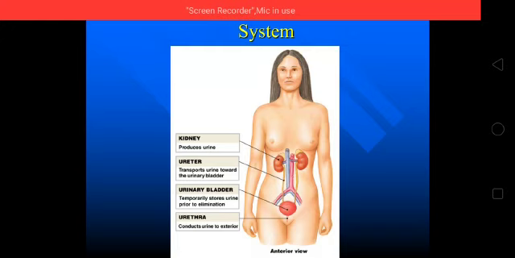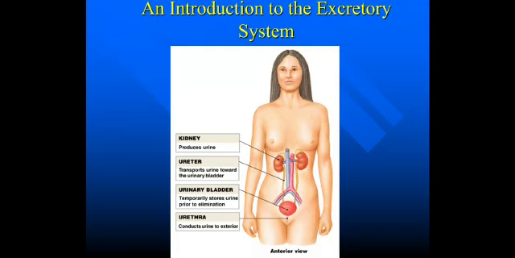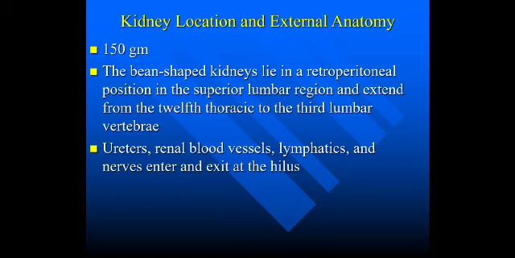As you all know, the kidney is placed retroperitoneally, produces urine, and transports it downwards towards the bladder where it is stored temporarily, and it is voided through the urethra through the process of micturition.